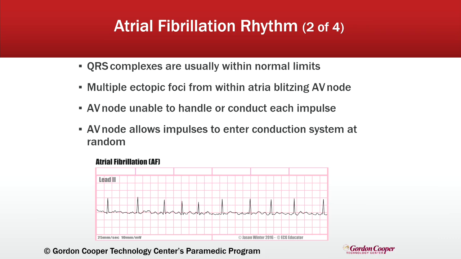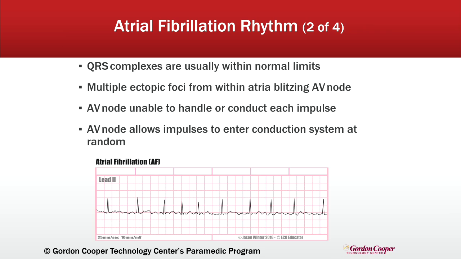And the cause of this chaotic rhythm is that there are multiple ectopic foci, areas in the atria that are firing off electrical impulses at an extremely fast rate. So these impulses are trying to stimulate the AV node to conduct them to the ventricles. However, the AV node can't handle all of these rapid impulses because it's being overwhelmed.